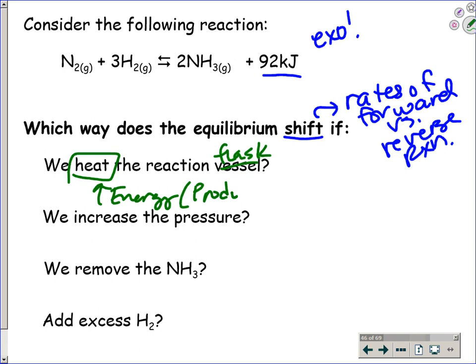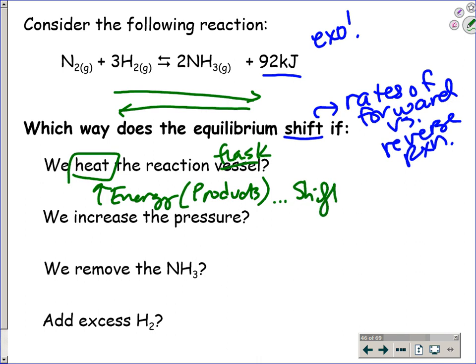I've increased the products. I now have a problem. I have too many products. Well, how do I get rid of products? Do I want to go towards products or towards reactants? Good, I want to go towards reactants, which in this case is a shift left. So the answer here is shift left.